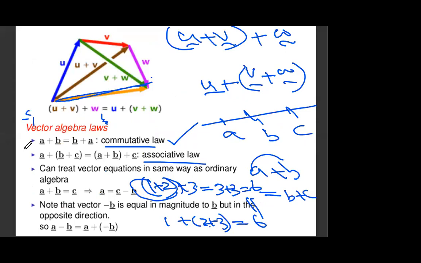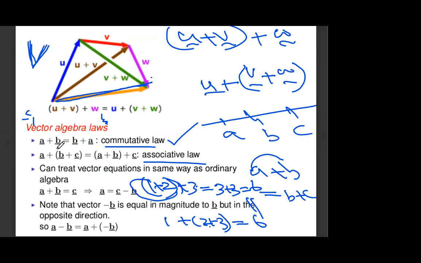Okay. So, the set of vectors. It could be two-dimensional, three-dimensional, or n-dimensional. Let's say V, uppercase V, is a set of two-dimensional vectors.